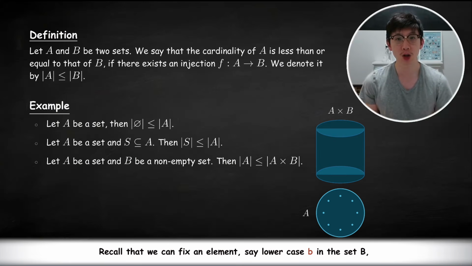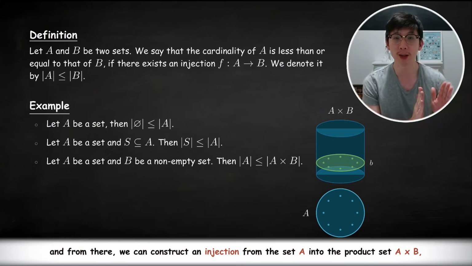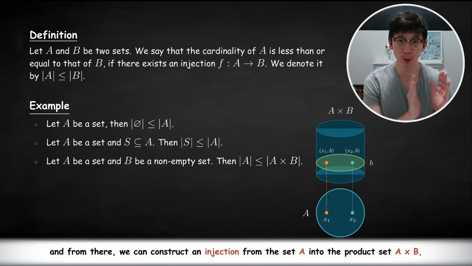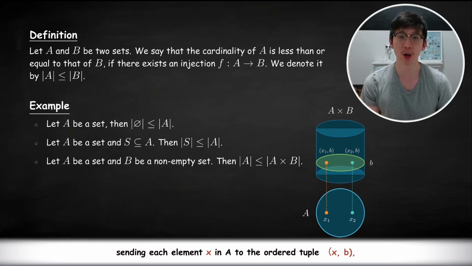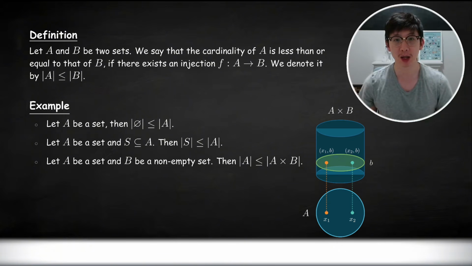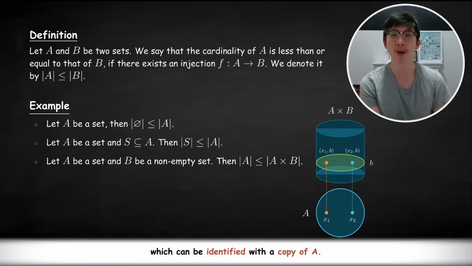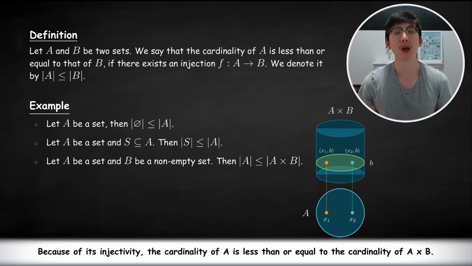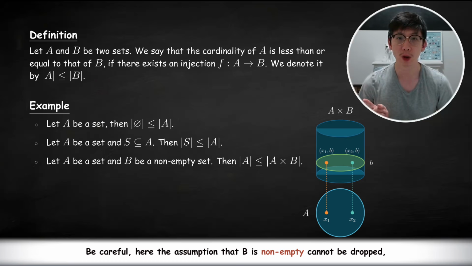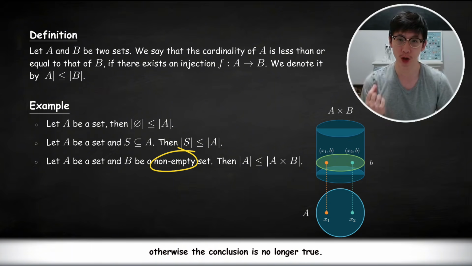Recall that we can fix an element, say lowercase b, in the set B, and from there we can construct an injection from the set A into the product set A cross B, sending each element x in A to the ordered tuple (x, b), where b is the fixed element in the set B. This function embeds set A into a slice of the product set, which can be identified with a copy of A. Because of its injectivity, the cardinality of A is less than or equal to the cardinality of A cross B. Be careful. Here, the assumption that B is non-empty cannot be dropped. Otherwise, the conclusion is no longer true.